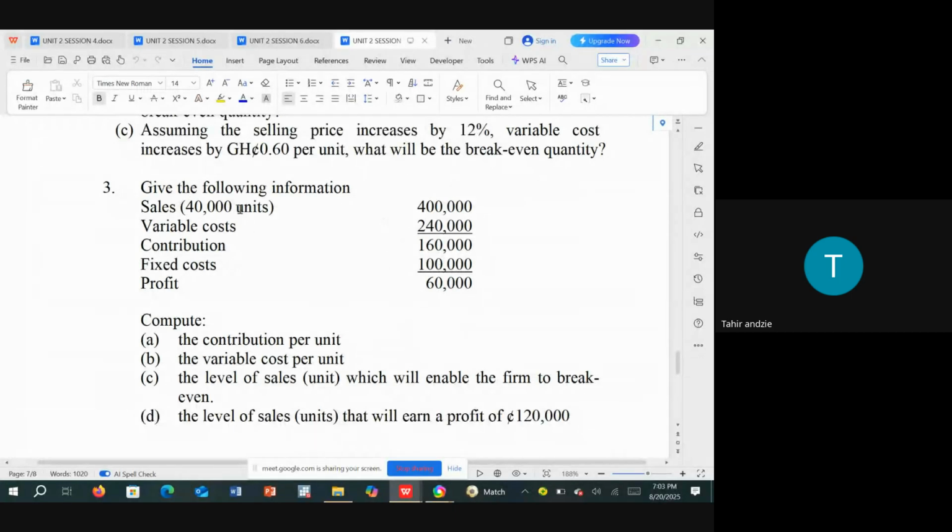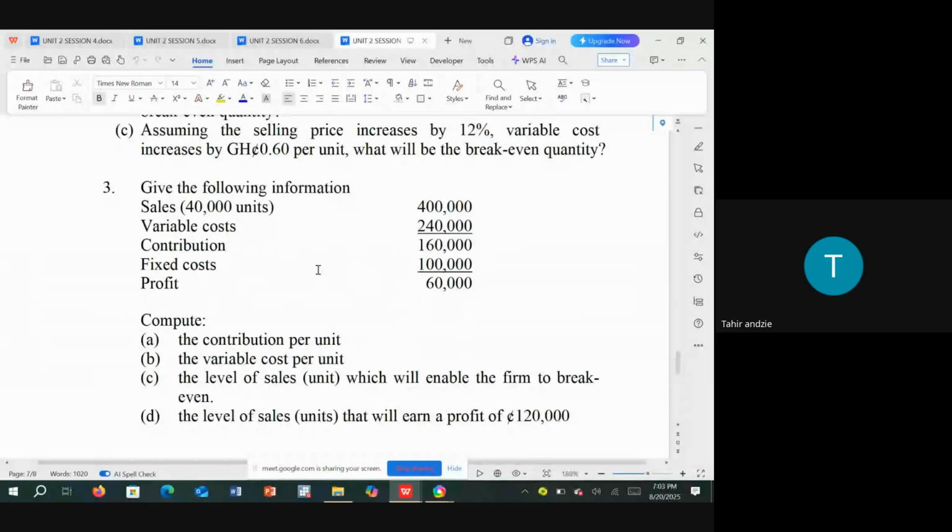You have been given units sold, so you can get the per-unit figures. 160,000 divided by 40,000 is how much? 4. Contribution per unit is 4 cedis, variable cost per unit is 6 cedis. Reduced to units, the selling price is 10 cedis, variable cost is 6 cedis, and contribution is 4 cedis.